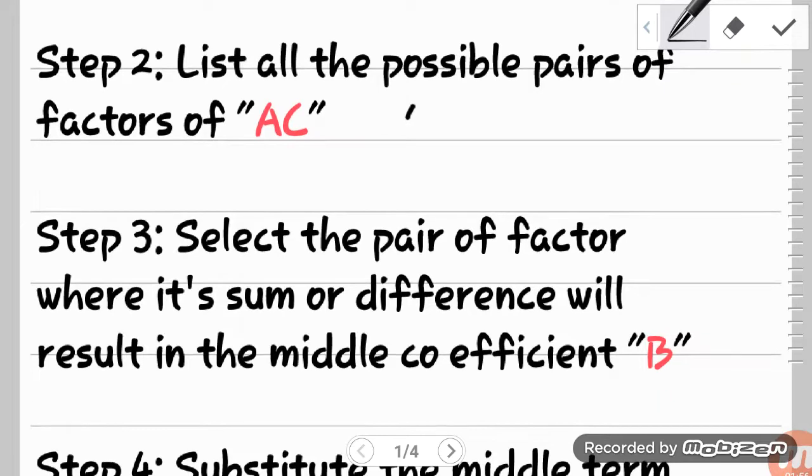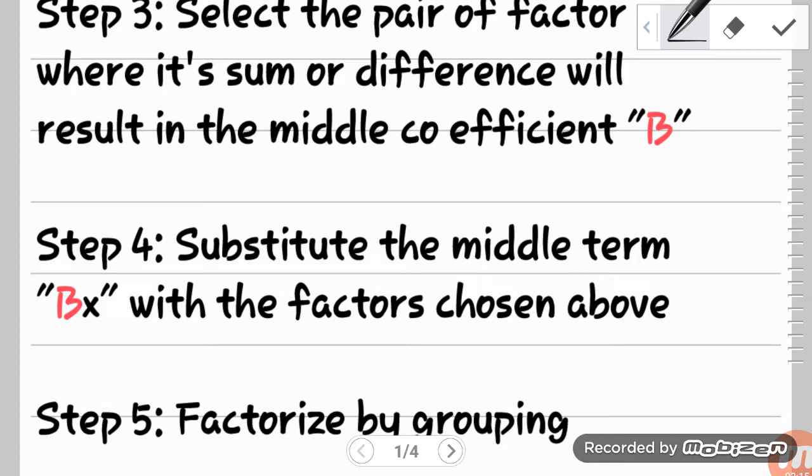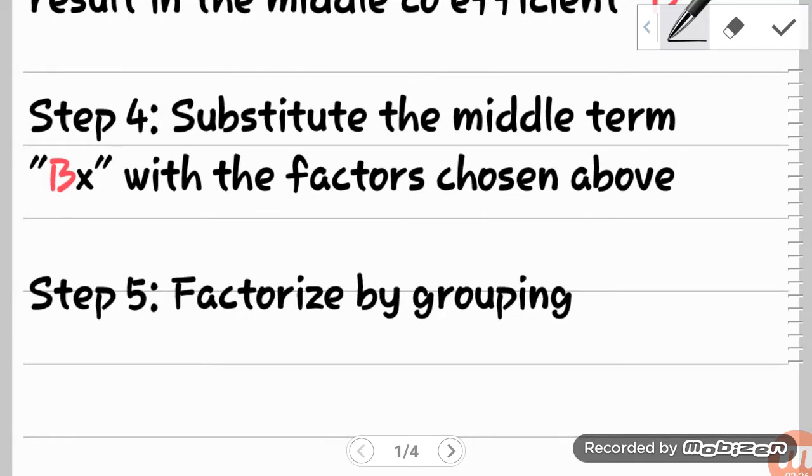Step 2 is to list all the possible pairs of factors of AC, of which, listing them, we're going to select a single pair that will result in the coefficient of the middle term, depending on if we may find your sum or your difference. Step 4 is where we just take these factors and substitute them for the middle term to expand the expression so that we can factor by grouping.